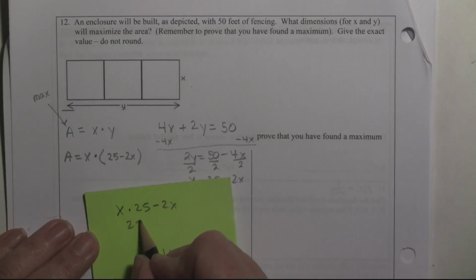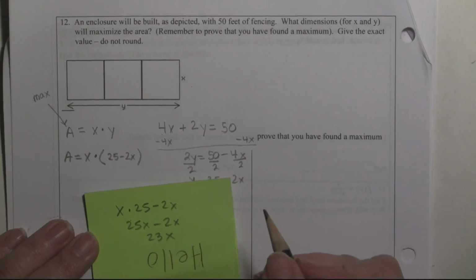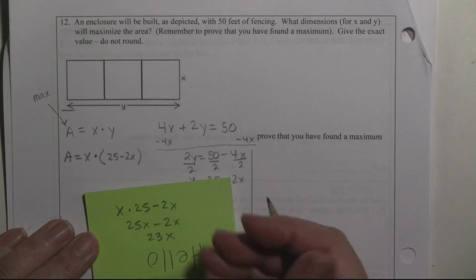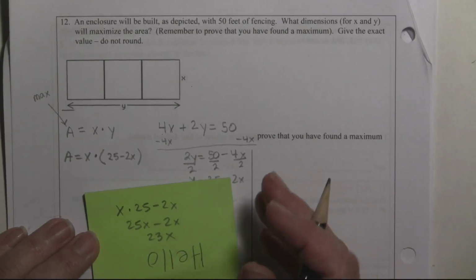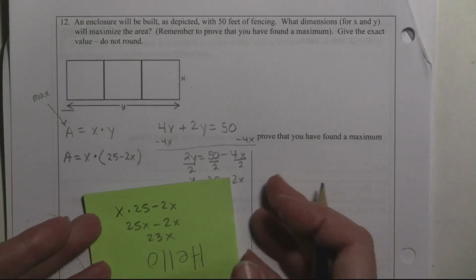That means 25x minus 2x, which is 23x. You need the parentheses to tell you to distribute.